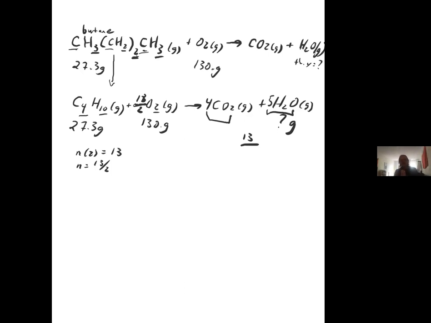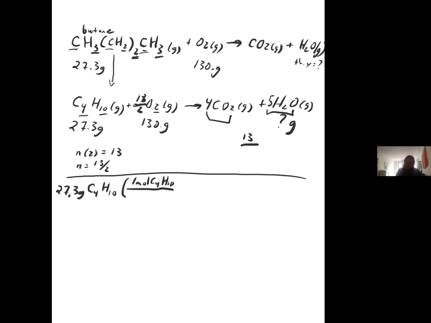So again, same idea. Figure out how many moles you have, use the molar ratio to get the moles of the desired product, use the molar mass to convert it to grams. Do it for both. Pick the smaller number. That's your theoretical yield. Okay, so let's do it with the first reactant. 27.3 grams. Now, if this was already in moles, we wouldn't have to do this step. So how much does C4H10 weigh?